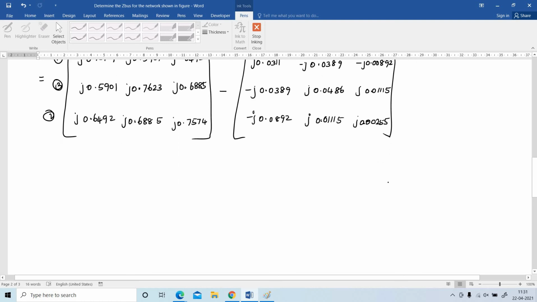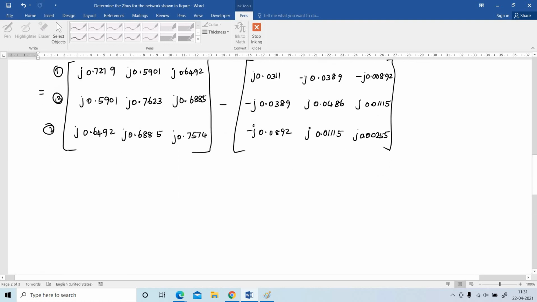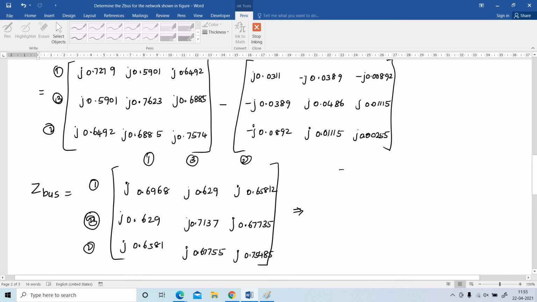Then subtract the second matrix from the matrix number 1, that is the correct order is 1 2 3 and 1 2 3.